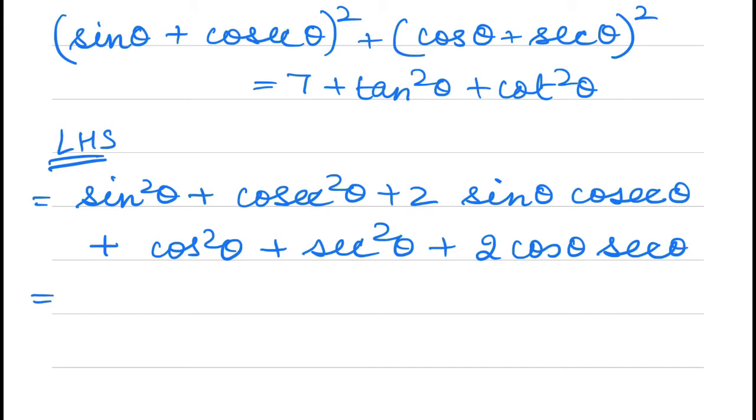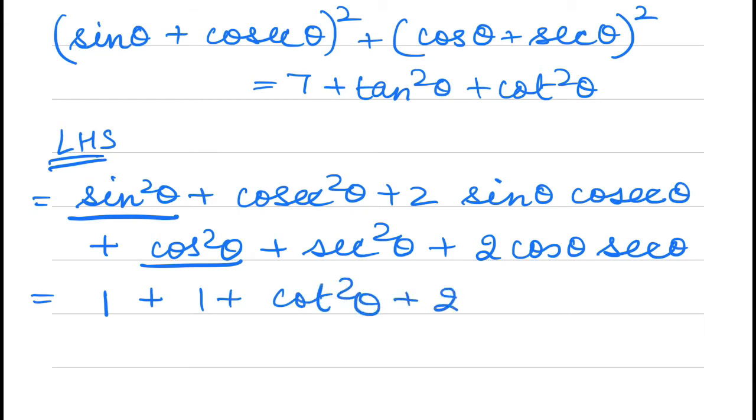Now sine square theta plus cos square theta will become 1. This cosec square theta I can write down as 1 plus cot square theta plus 2 sine theta, and cosec theta is 1 by sine theta.